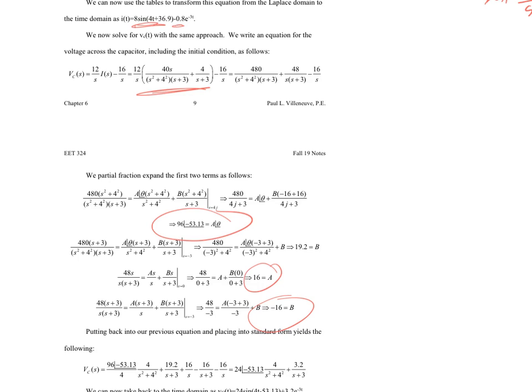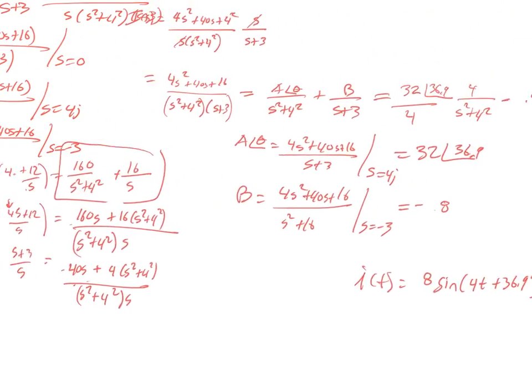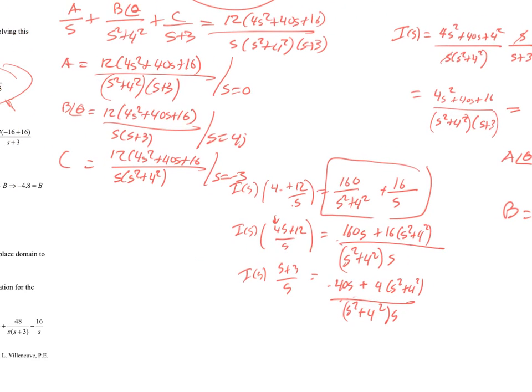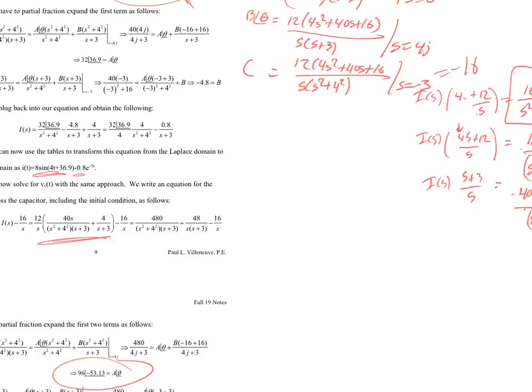So if you folks can help me remember, 16 for the one over the, well, let me see if I can actually do it this way. I believe this is equal to 16. This is equal to minus 16, and then the other one is 96 at an angle of minus 53.